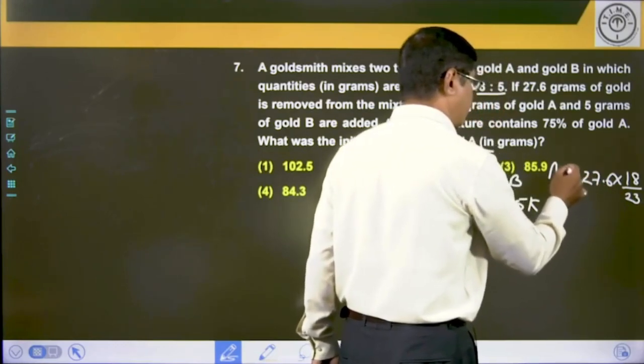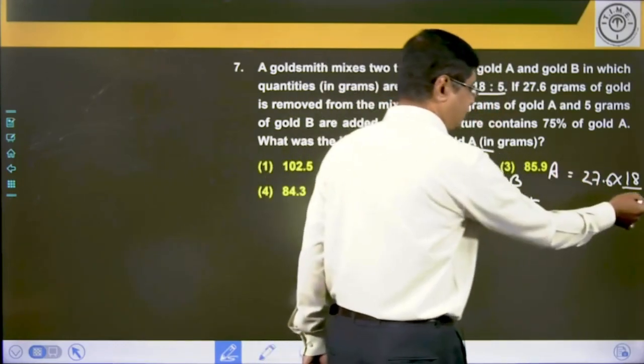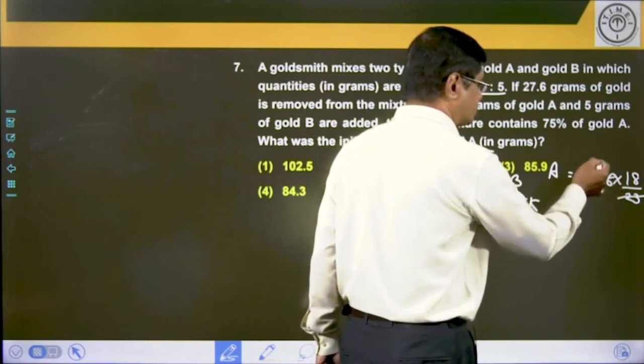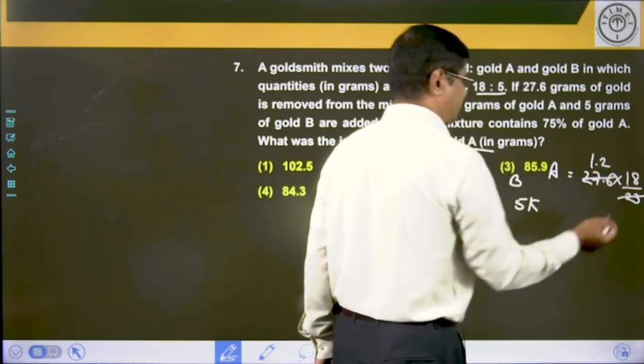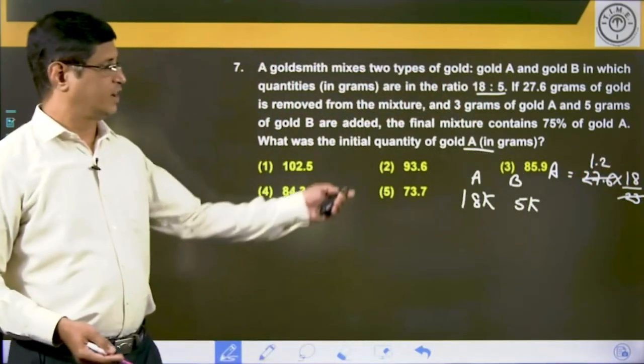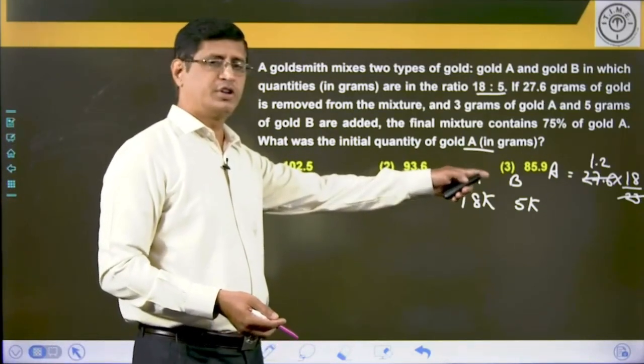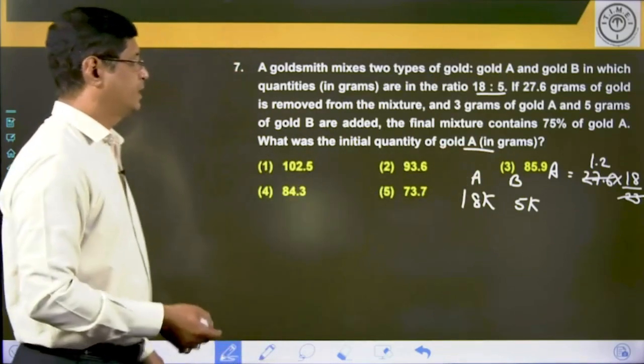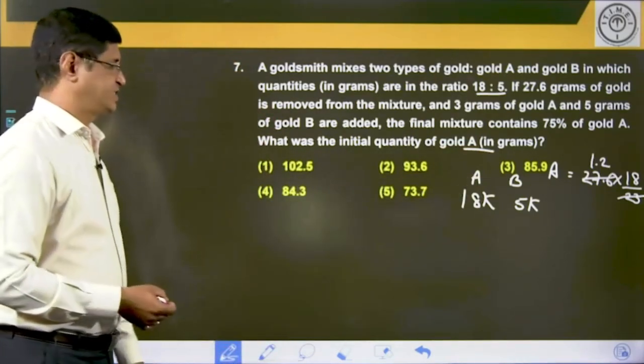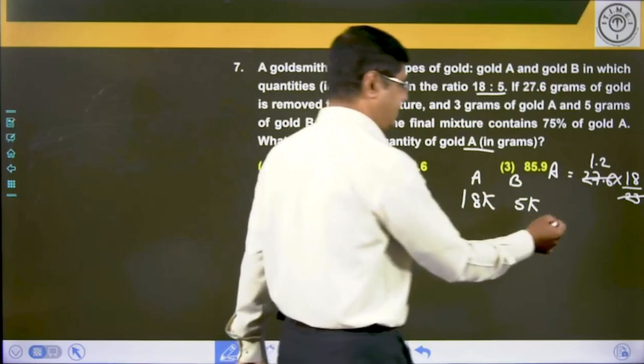So gold A quantity. So what is the result? Here 23, it goes exactly 12 times. 12 times of 23, that is 276. 12 into 18, that is 216. So 216 is the quantity.